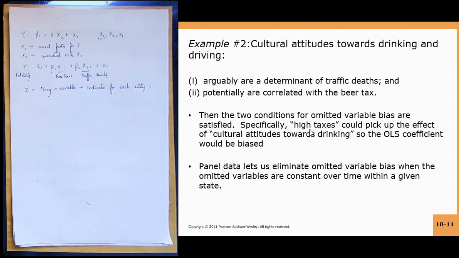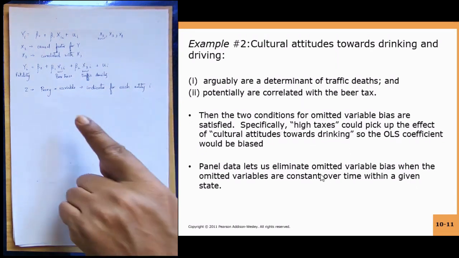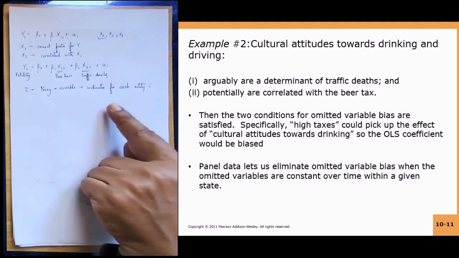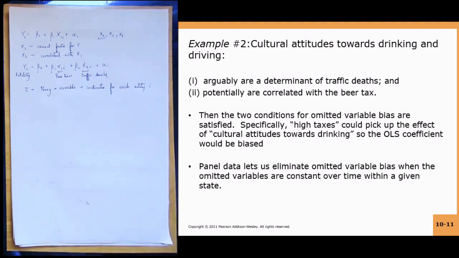High taxes could pick up the effect of cultural attitudes towards drinking. If you don't include this variable, the beta 1 for the taxes will be biased. Again, as we said, if you include a proxy variable with panel data, it will capture the effect of the cultural attitudes, and it will let you avoid omitted variable bias.